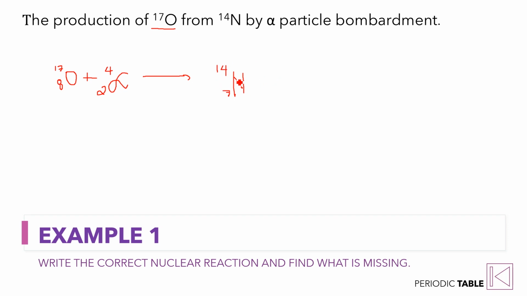In order for this to happen, we have some assumptions here. Number one is that the alpha particle doesn't react with the nuclide. So this one is conserved throughout. During a bombardment, we assume that there is no reaction, so we can cancel out this one.